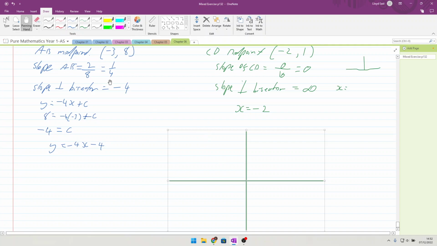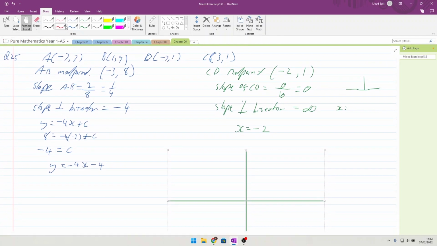So (-7, 7) is out here for A, (1, 9) out here for B, D is (-7, 1), and C is (3, 1).